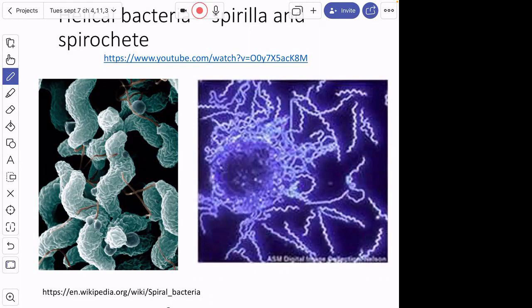Okay, and then the picture on the right, from looking at that with that dark background, you know that it's either dark field microscopy or fluorescent microscopy.